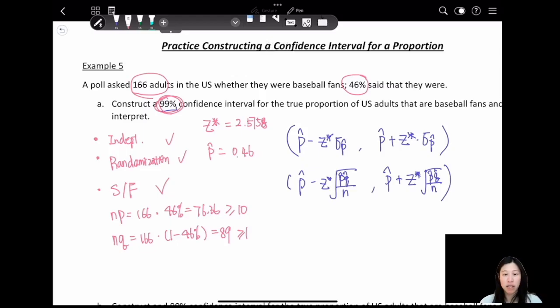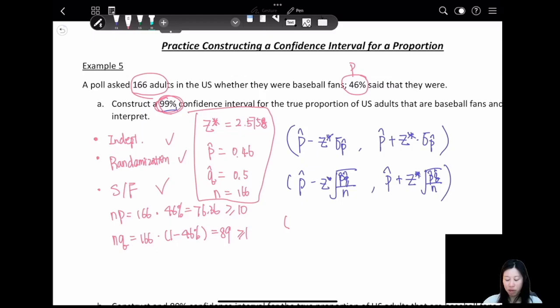Since this satisfies the sampling distribution of proportion, p hat equals p, which is 0.46, and q equals 1 minus p hat, which is 0.54. Also the sample size: they surveyed 166 adults. That's all the information we need, so we just plug in the numbers.